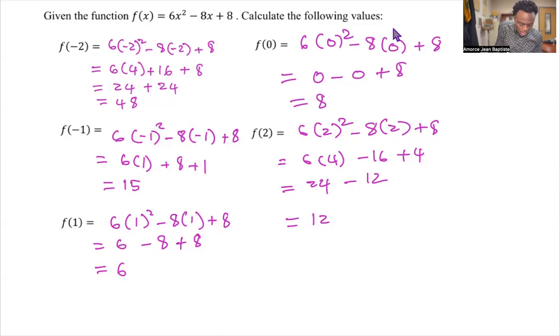Well, actually, this is not 1. This is 8. And the total would be 6 plus 16, that's 22. And then over here, this is not 4. This is 8.